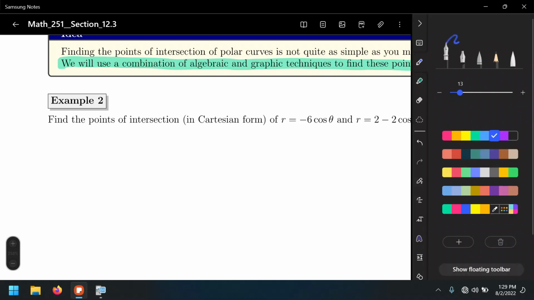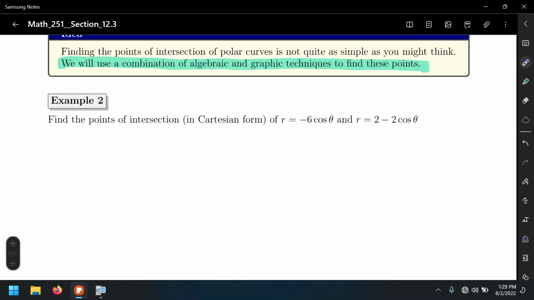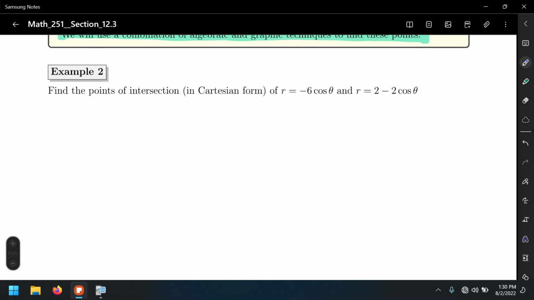We highlight this because sometimes when we are working on some of these exercises, it's a little bit frustrating submitting answers that are not really the answer they're asking for, and that's because those answers do not represent a point of intersection, or some information is missing, some information that otherwise we cannot get algebraically. Okay, so let's have a look.